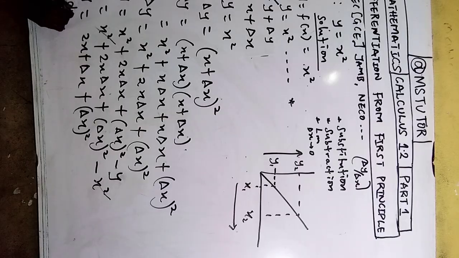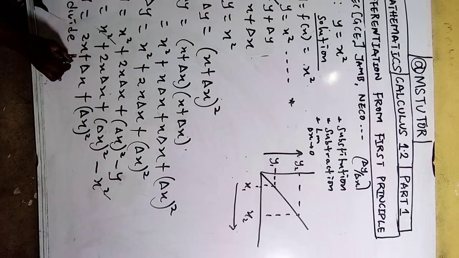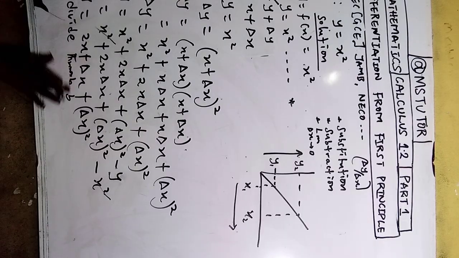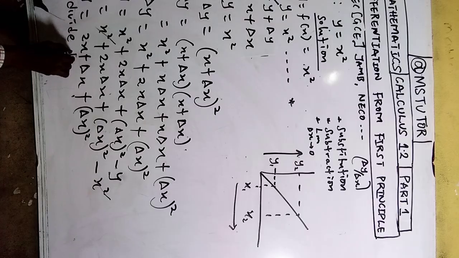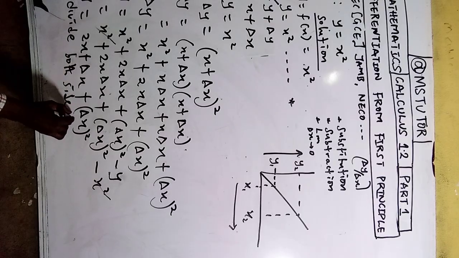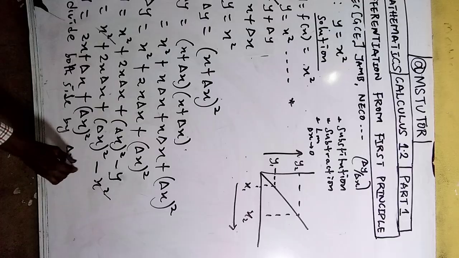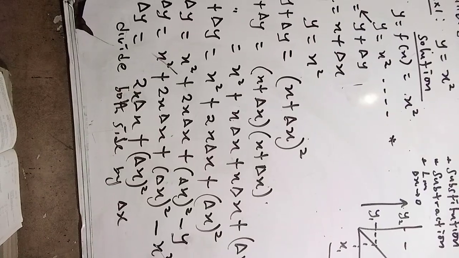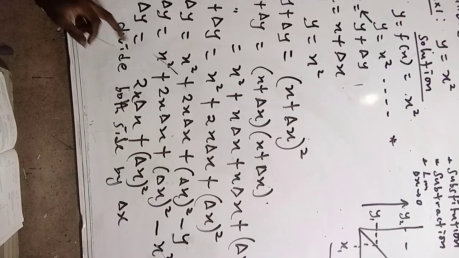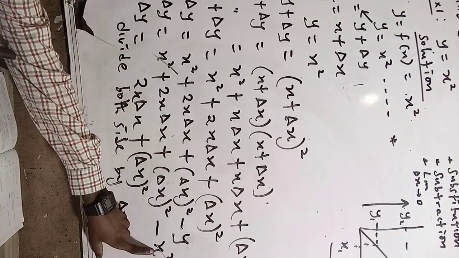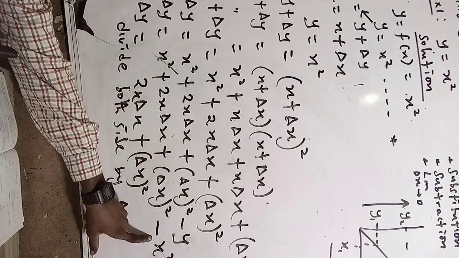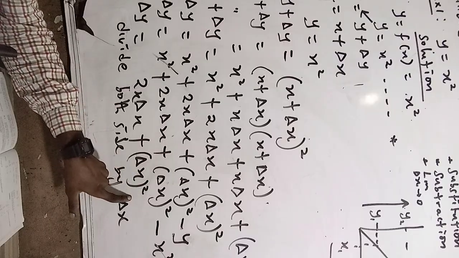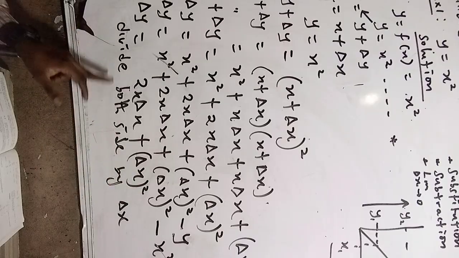Divide both sides by dx. So now recall that the expression we have here now is after the x squared and x squared have been removed. What we have left is 2x dx plus this. So the next thing we need to do is to divide both sides by what? By dx.